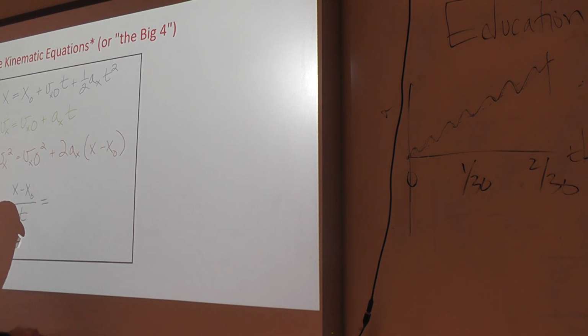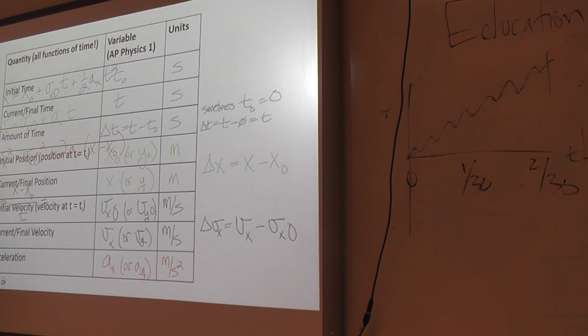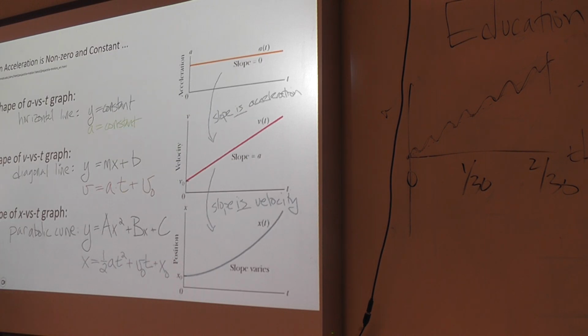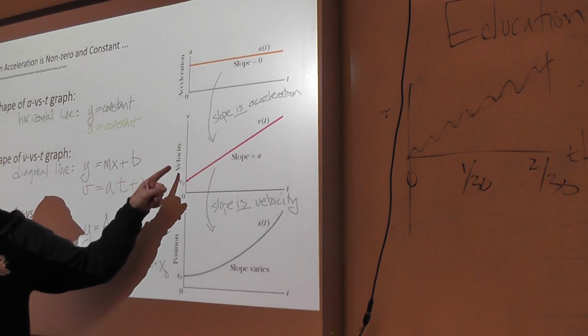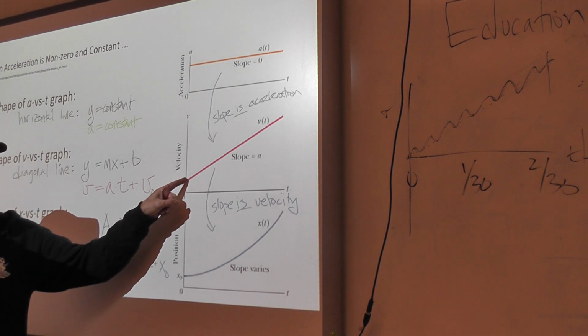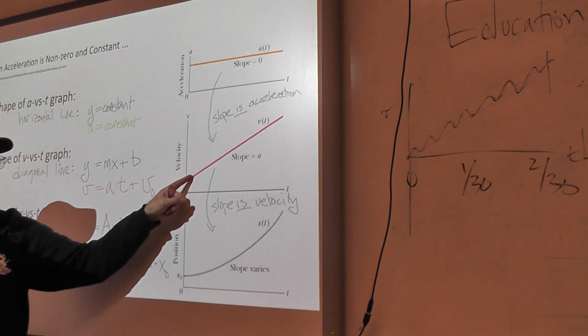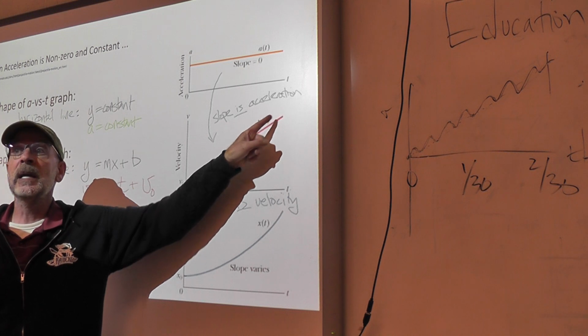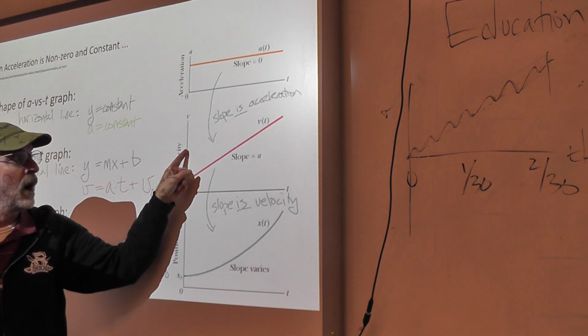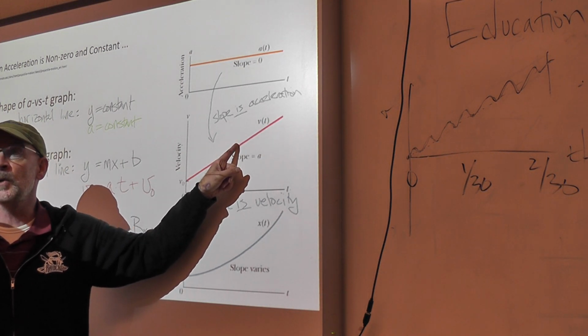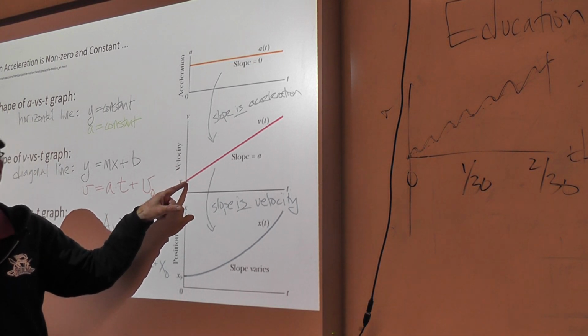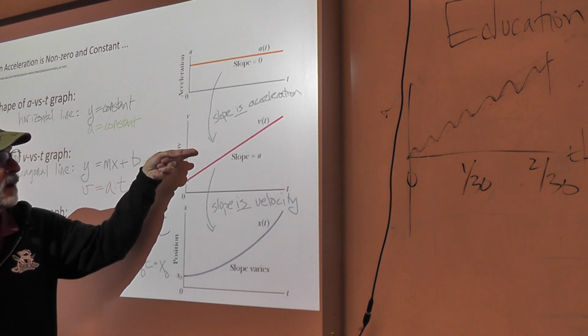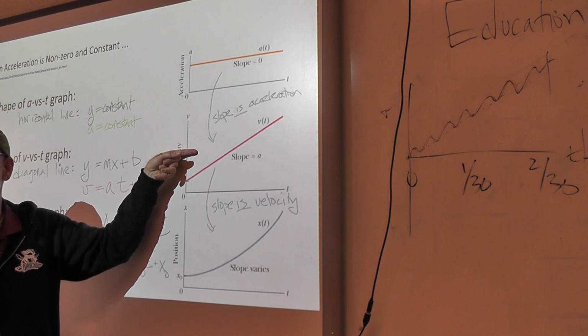If you look back at our velocity versus time graph right here, under the conditions of constant acceleration, the average velocity over this time period is going to be the midpoint of the y-axis of this line, which means if we add the initial and the final velocity and divide them by 2, we'll get the average velocity.